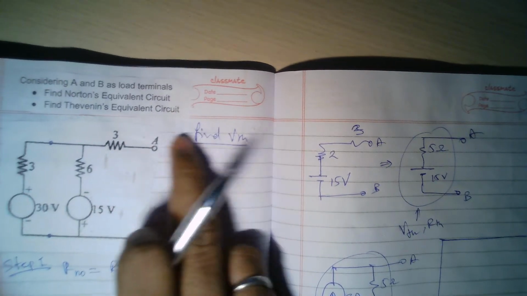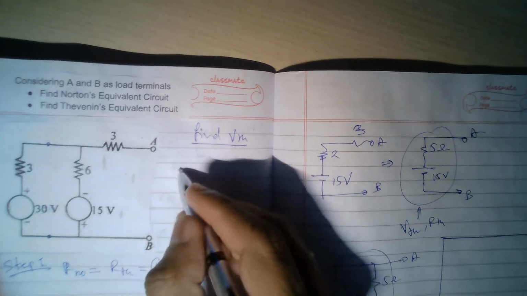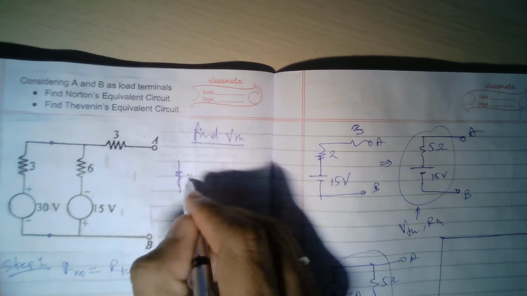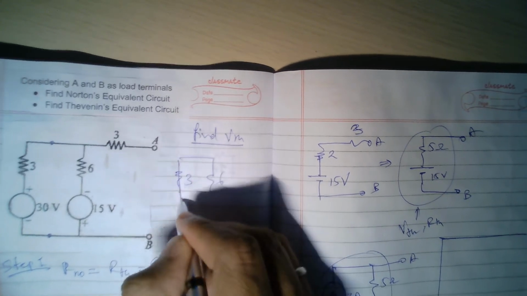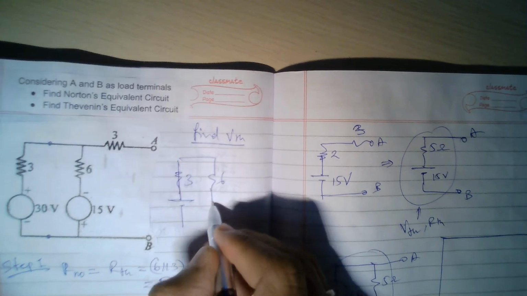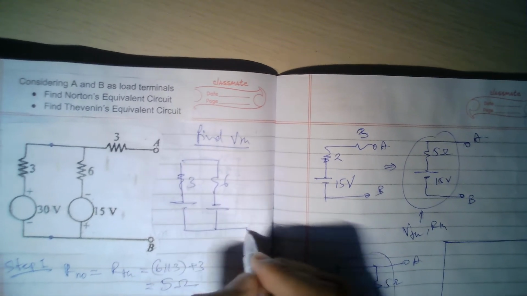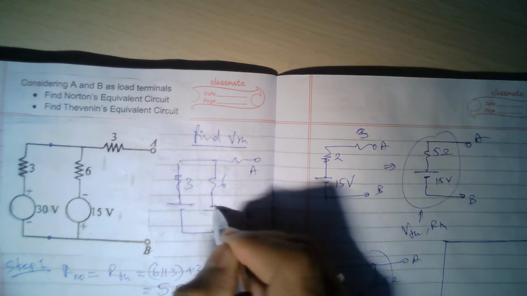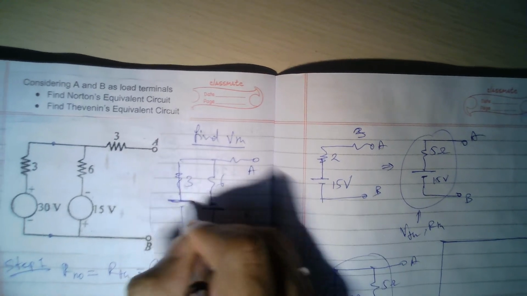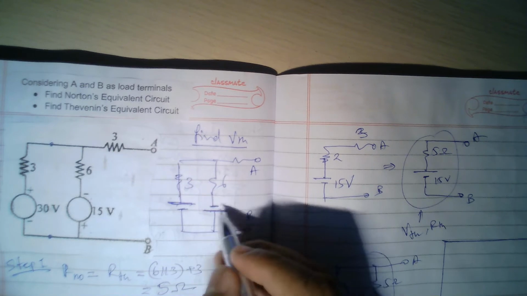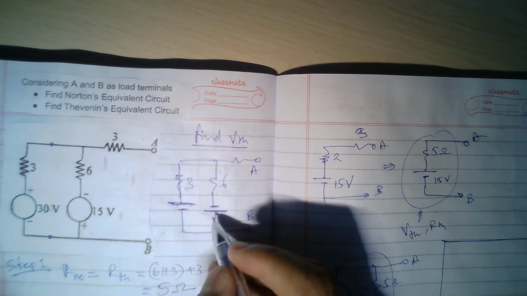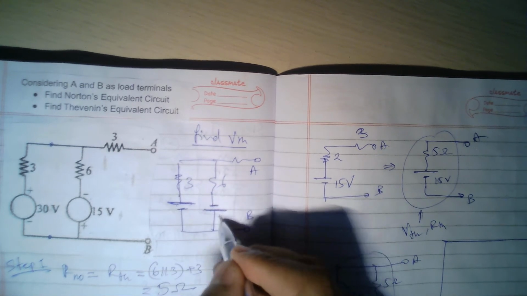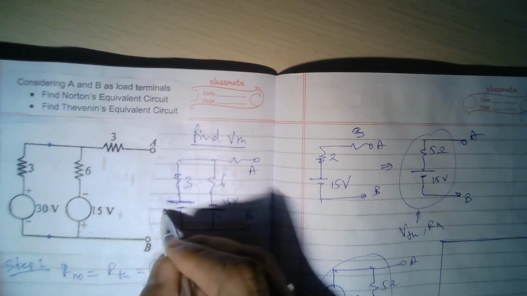Here you can simply see the circuit is like this, with terminals A and B. Here this is oppositely connected, so the positive of the 15 volt is connected to the negative of the 30 volt.